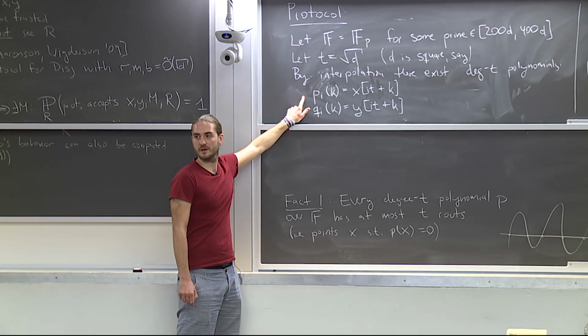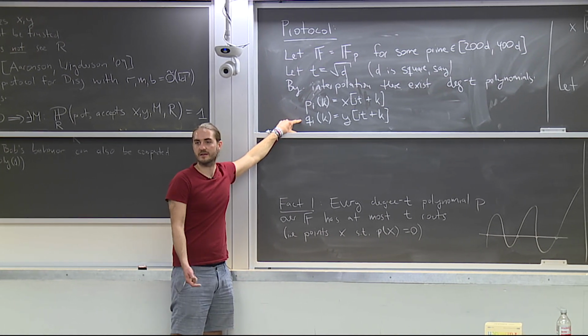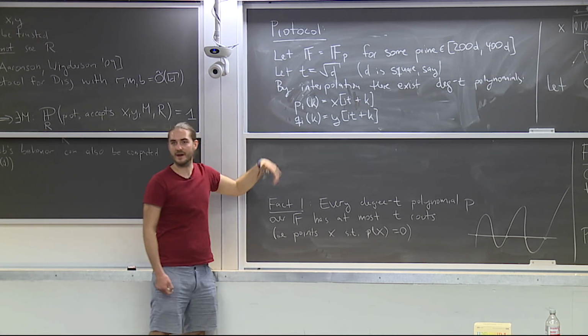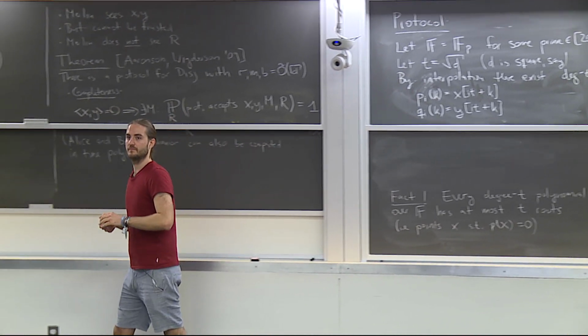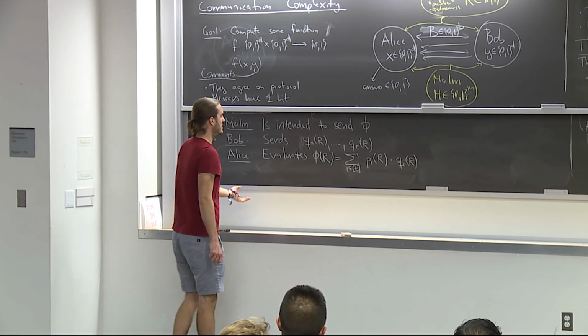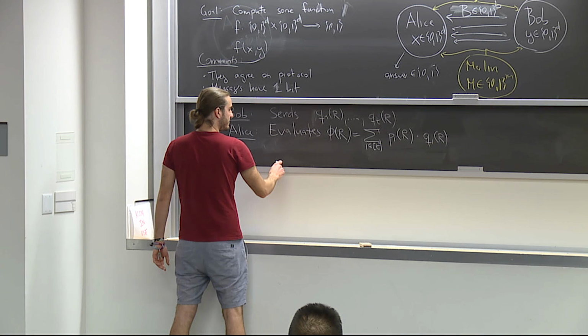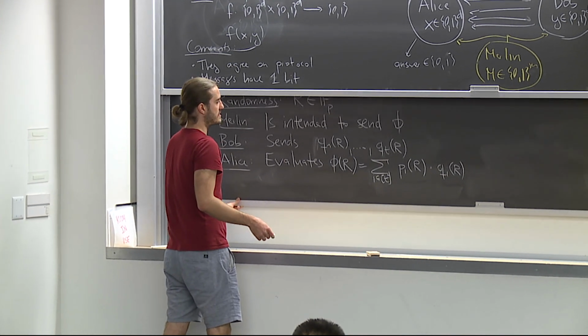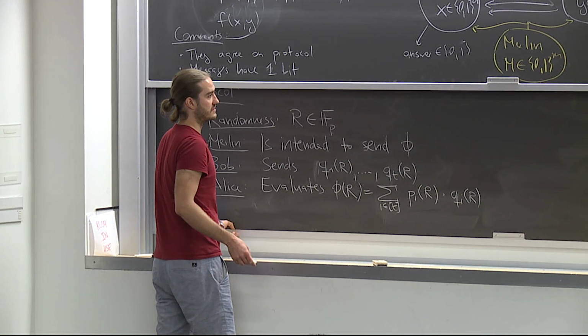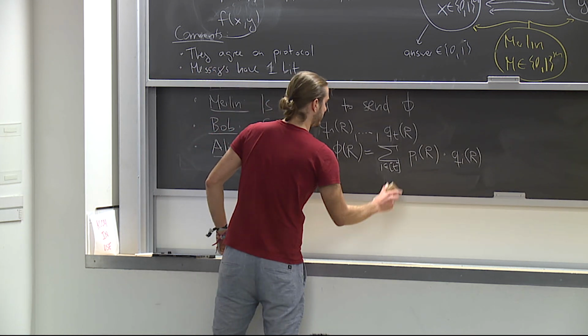OK? The same argument is necessary to say that Bob can even send the qi's, because obviously they depend on y, and Bob knows y. OK? Good. And then she accepts exactly if the following conditions are satisfied.